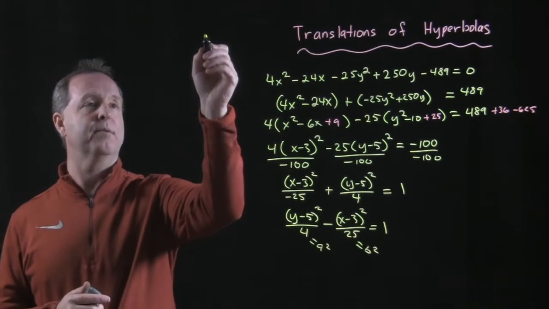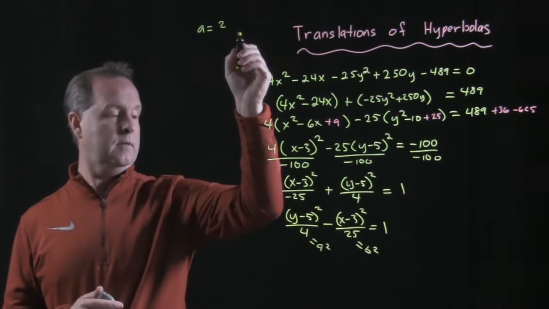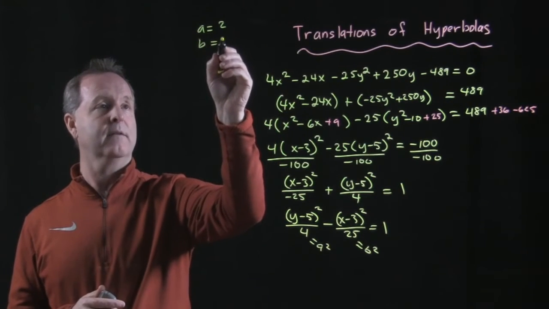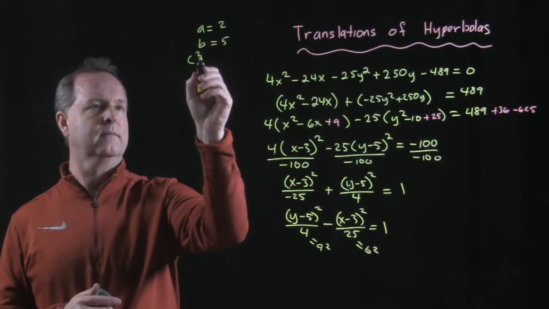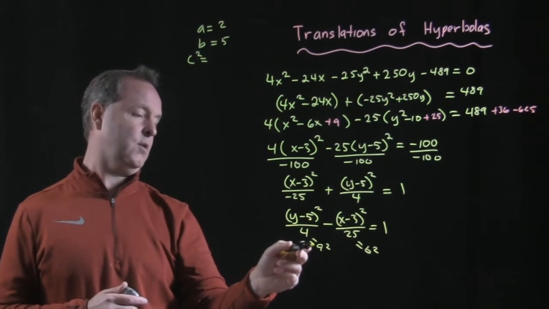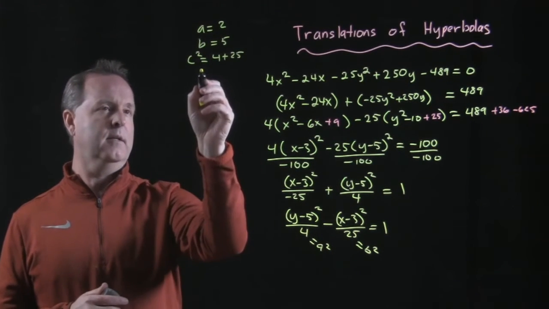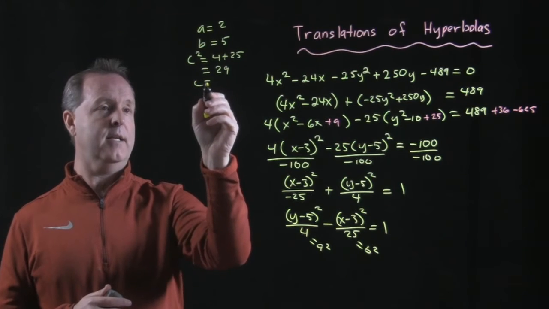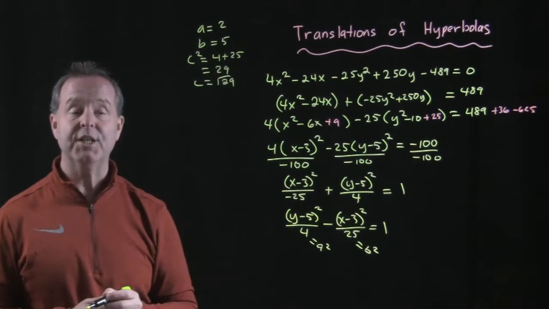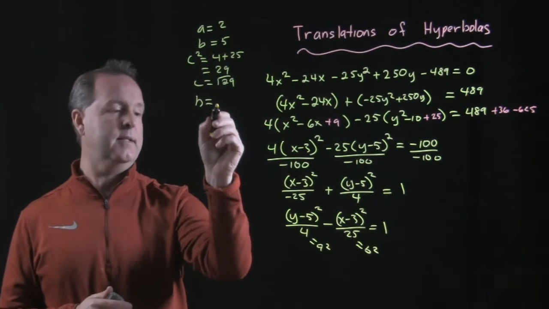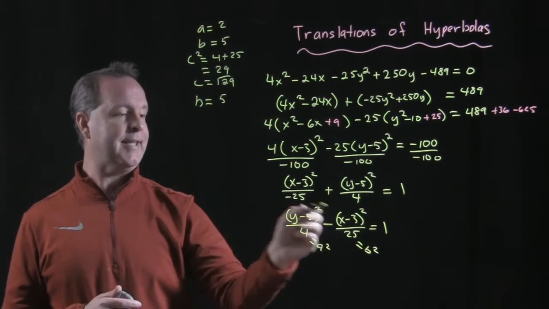So from there, let's plug in what we know. a is 2, b is 5, and c squared is a squared plus b squared, 4 plus 25, which equals 29. So c equals root 29. Nice, easy, fun number. H and K is what's left. Since it's in standard form, my H is 3 and my K is 5.